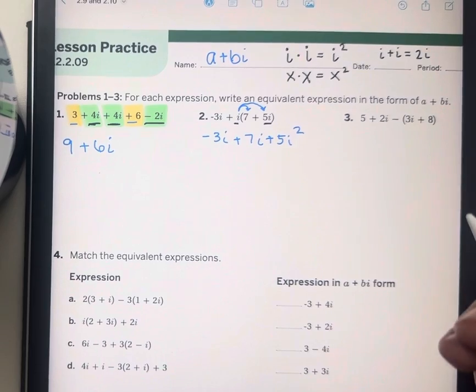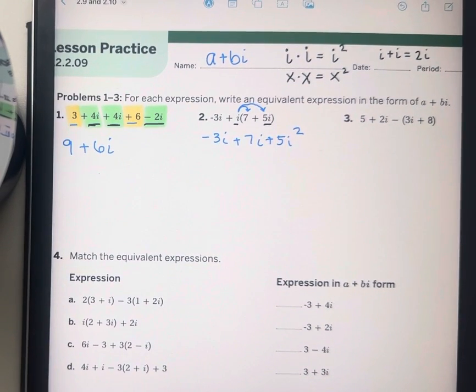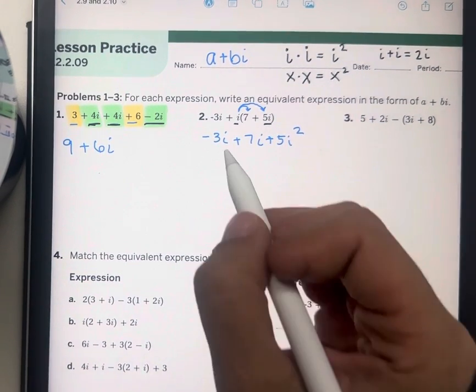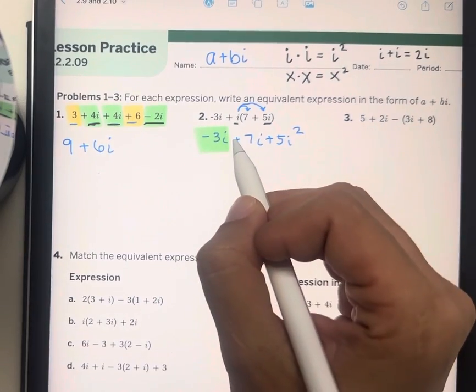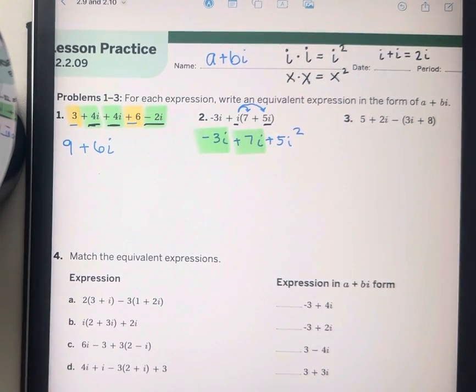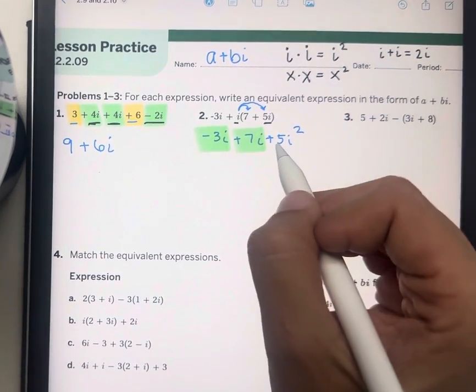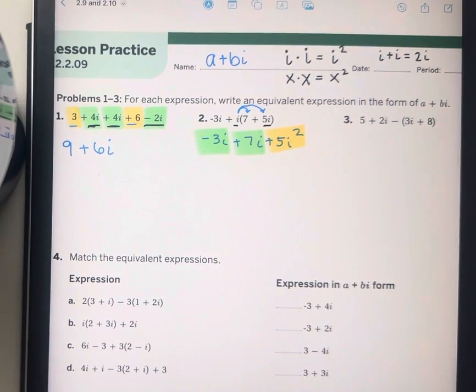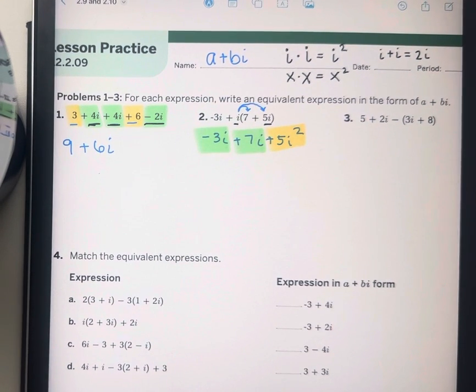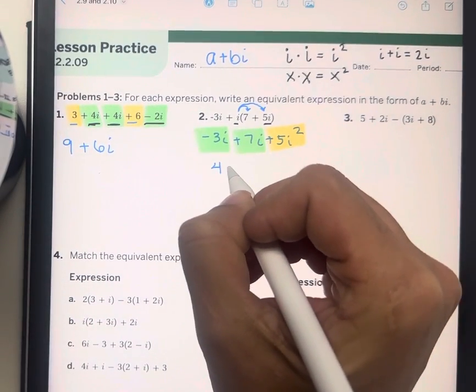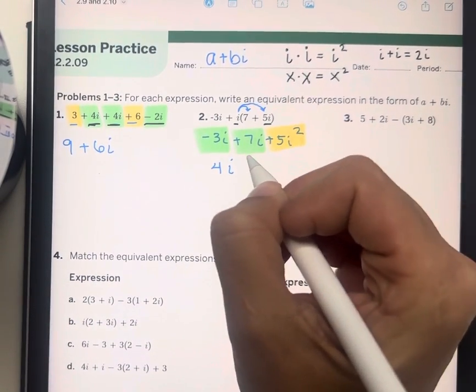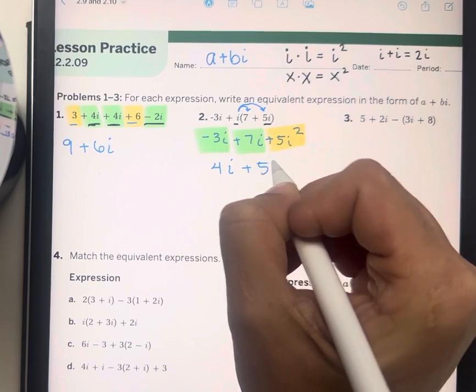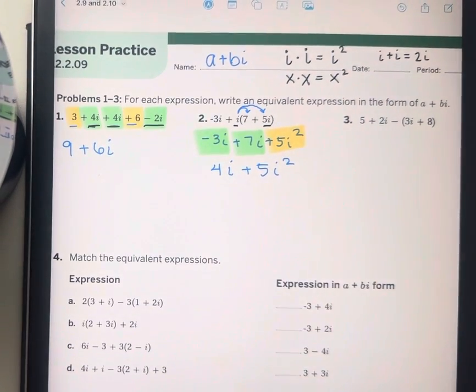Okay, let's go look at who's got the same letter situation. Negative 3i, positive 7i, they have the same letter situation. And then 5i squared, that's a different letter situation, so they're not like terms. This is 4i plus 5i squared.